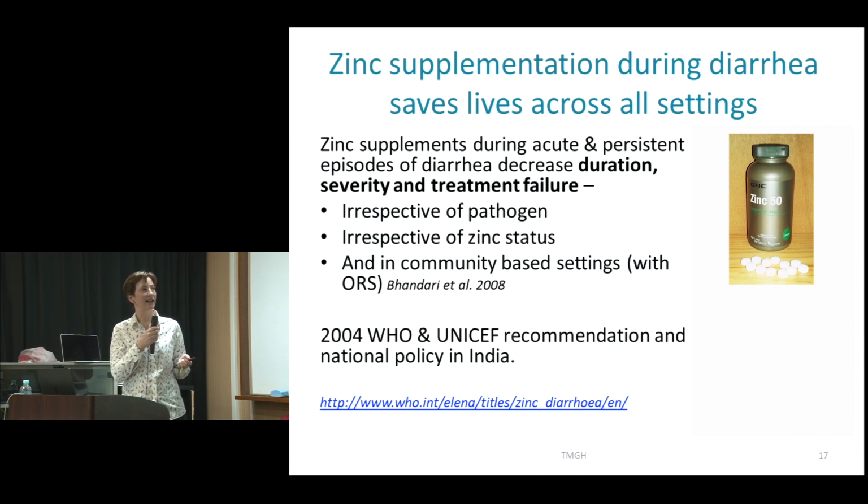And this is irrespective of what's causing the diarrhea, irrespective of the zinc status of the child, and it also works within a community setting. So this was a cluster randomized trial, where they added zinc in with oral rehydration solution and gave it to mothers to manage at home, and showed that it improved outcomes.